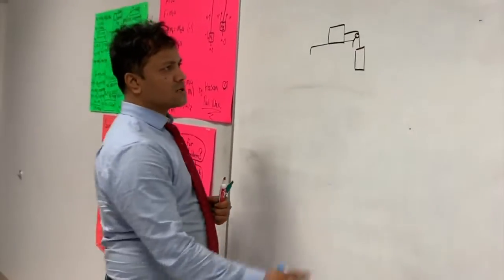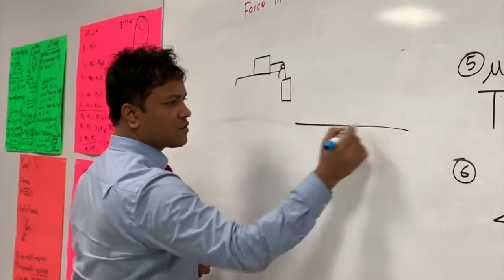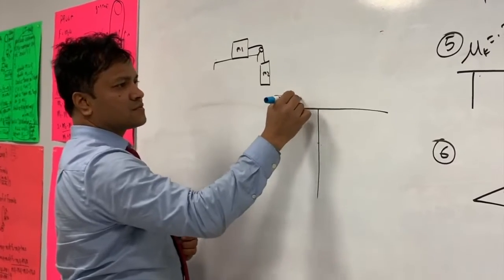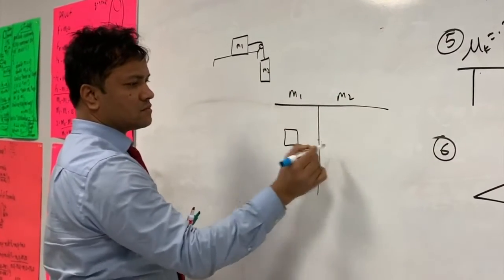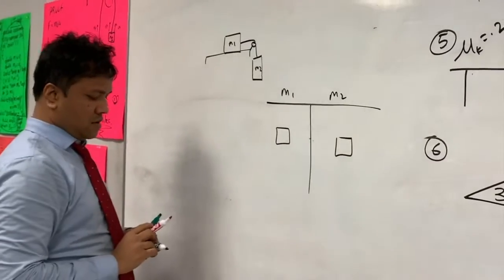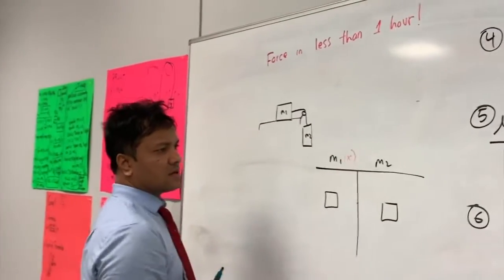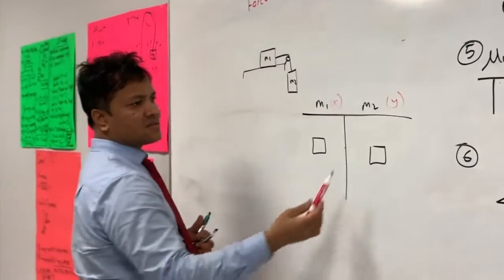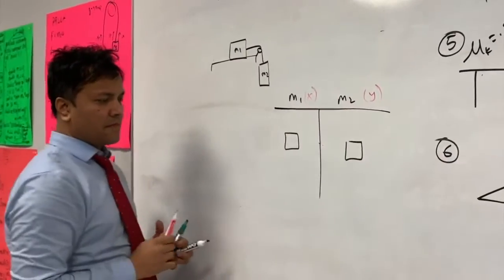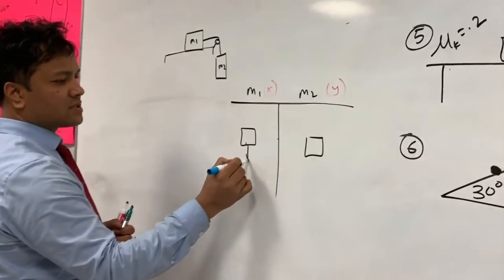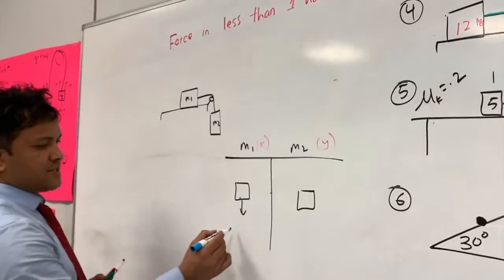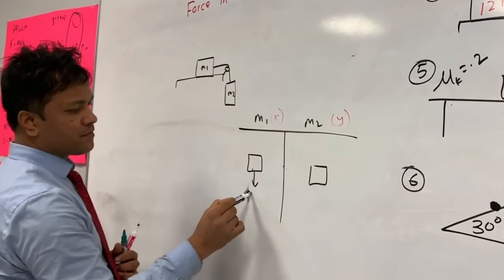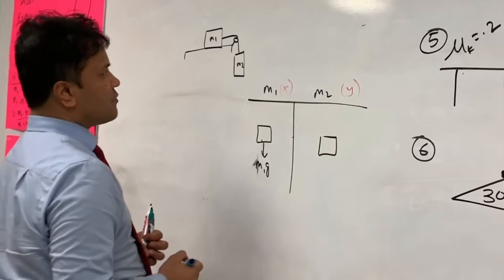Okay? So now let's do the force diagram before we do anything. This is M1, this is M2. M1 at the x direction, M2 at the y direction. Why? Because this is accelerating in the x direction, and this is accelerating in the y direction. So this one has to be Fg, to be more accurate, M1g, and I want to find what M1g is.